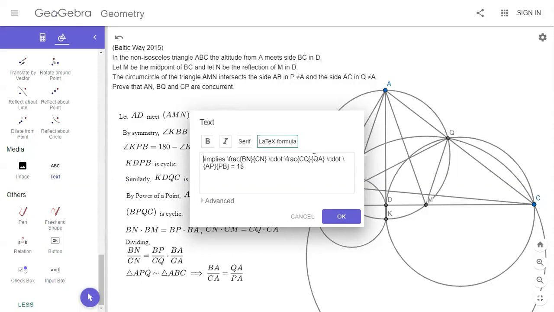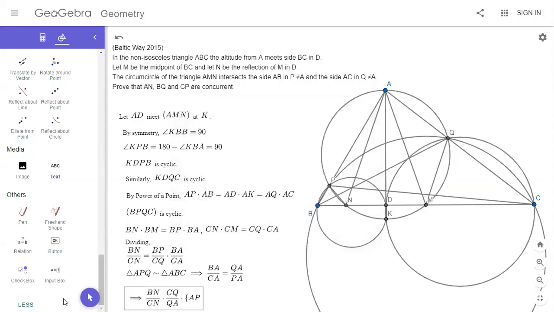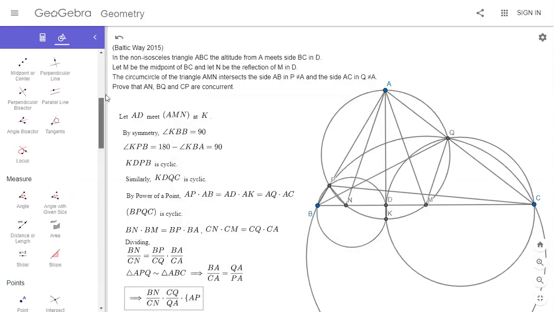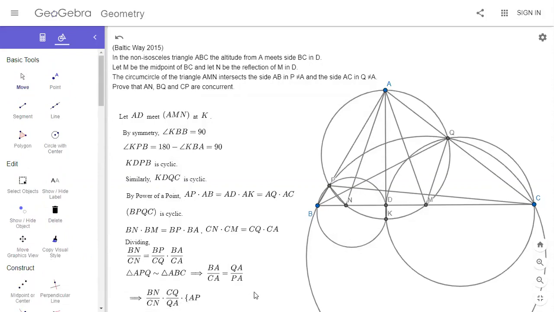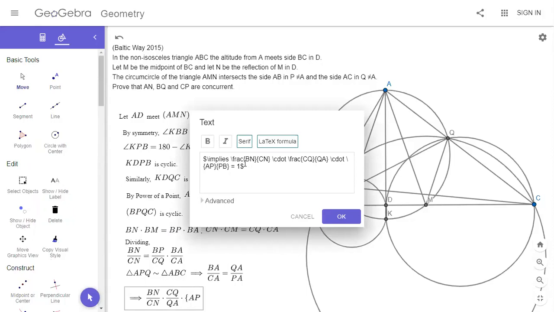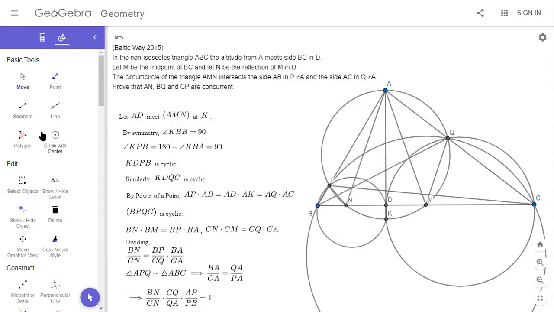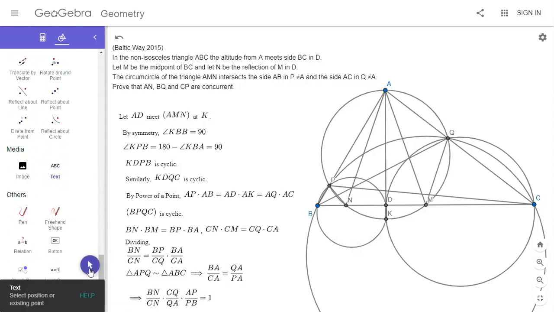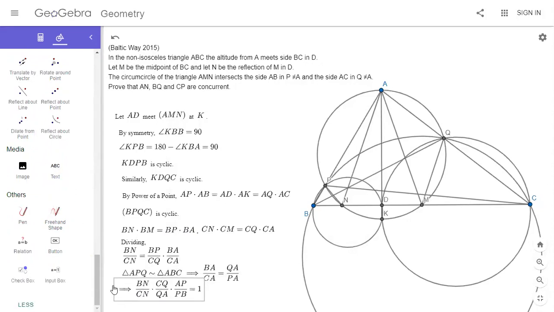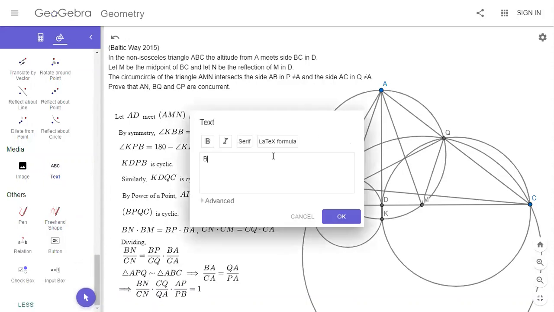So by the converse of Ceva, what? Come on. What did I do wrong here? Ah, there we go. I'm having trouble moving. There we go. So by the converse of Ceva, AN, BQ, and CP are concurrent, and we will stop there.